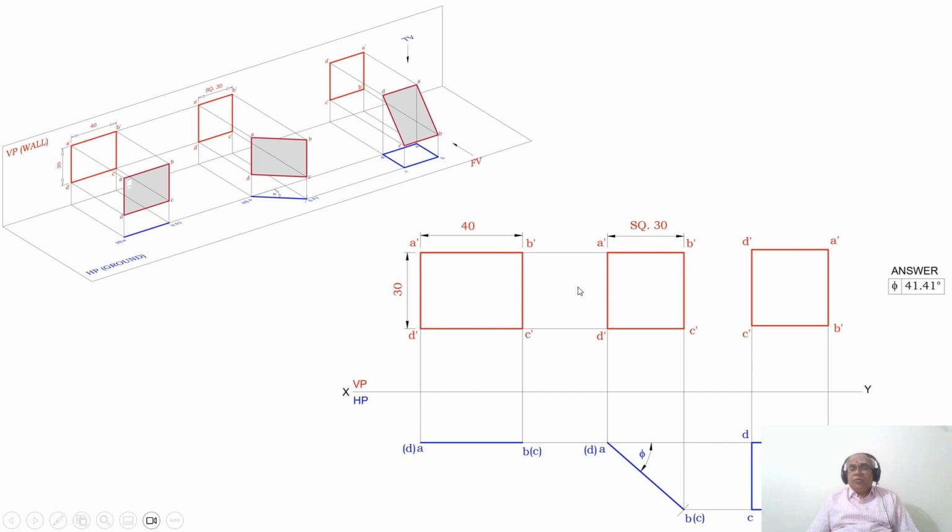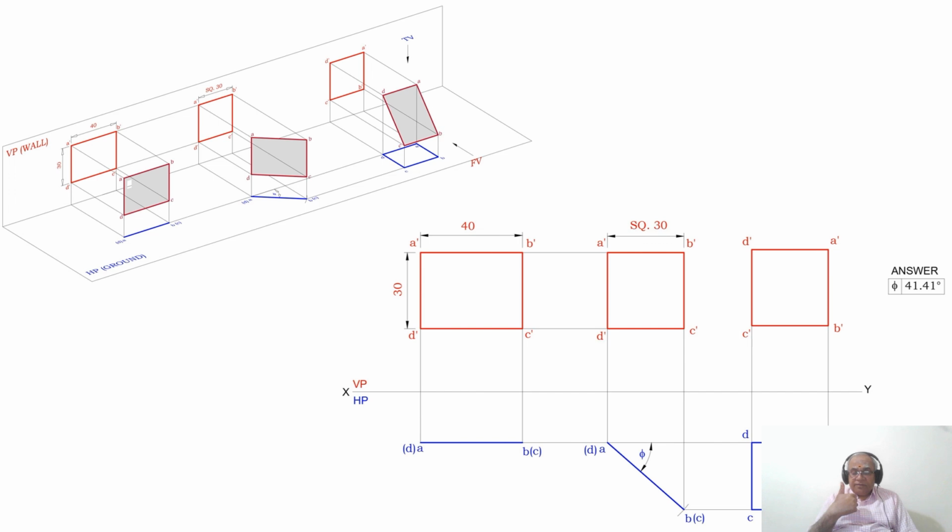So here, how do I know that my problem is right? The longer side of the mirror, A dash B dash, is perpendicular to HP and it is also perpendicular to VP. But in any circumstances, the sides will never be perpendicular to each other. In other words, if the line is perpendicular to one plane, in the other plane it will be parallel.